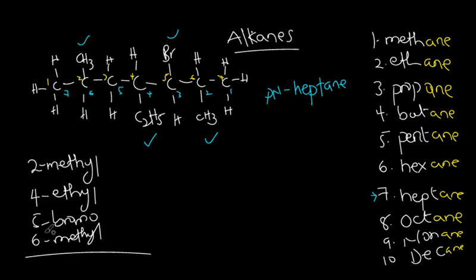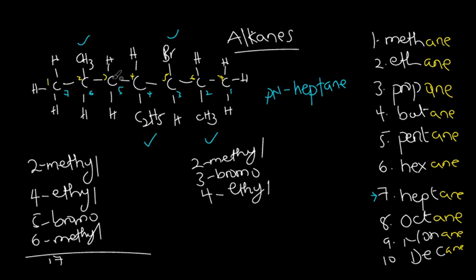If we add the numbers, this and this will give us 10, this and this is 17, so we have 17. Now let's look at the numbering from the left to the right. From the left to the right, we have 1 on carbon 2, so we have 2 methyl again. Then we have 3 bromo, bromine will be on 3. Then the ethyl will be on 4, so 4 ethyl.